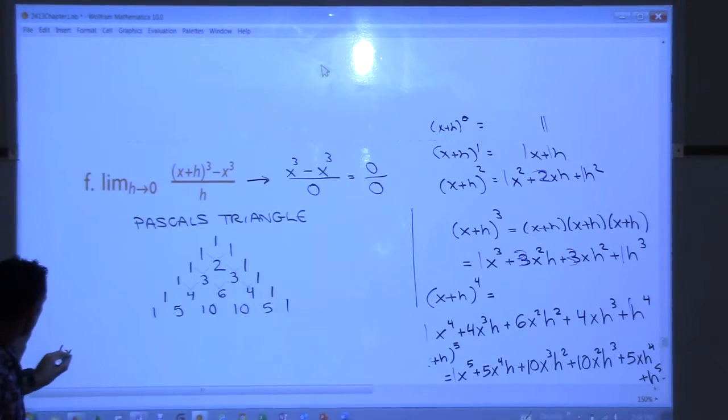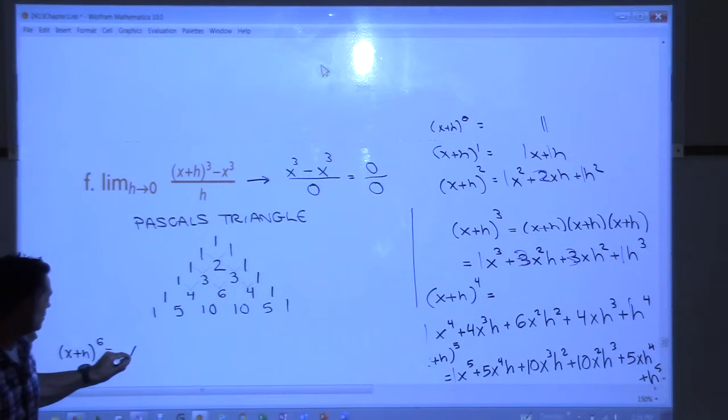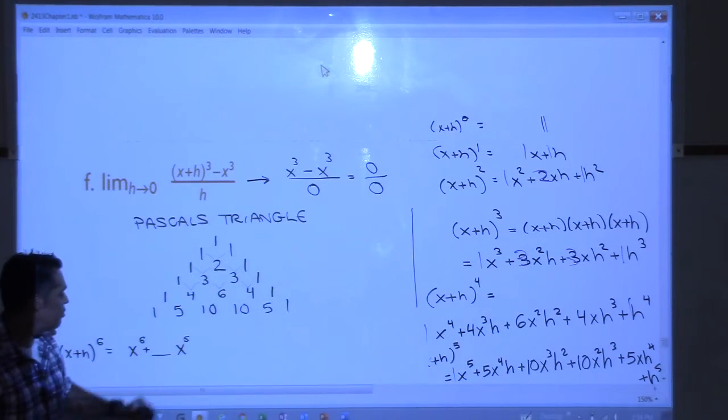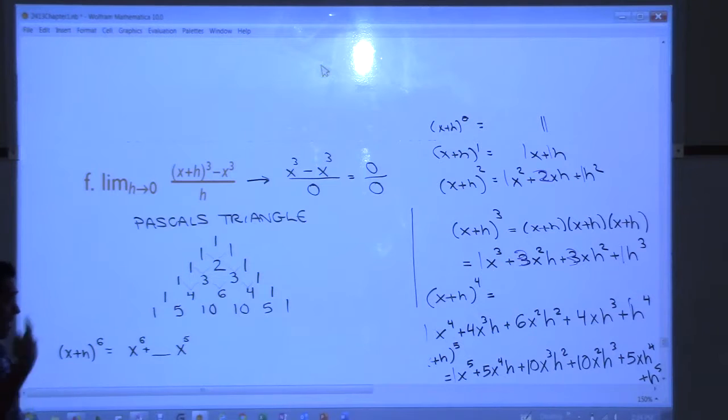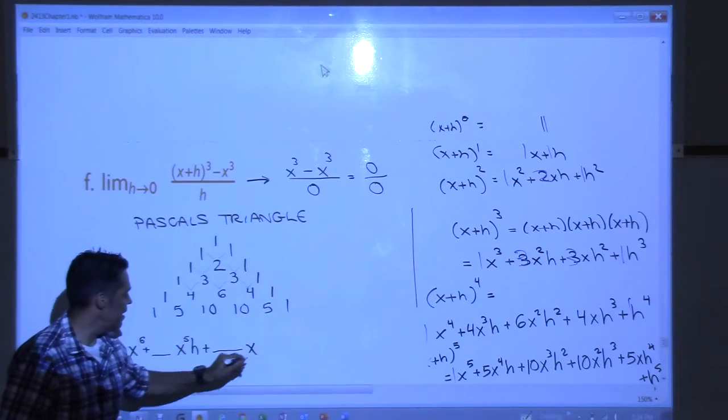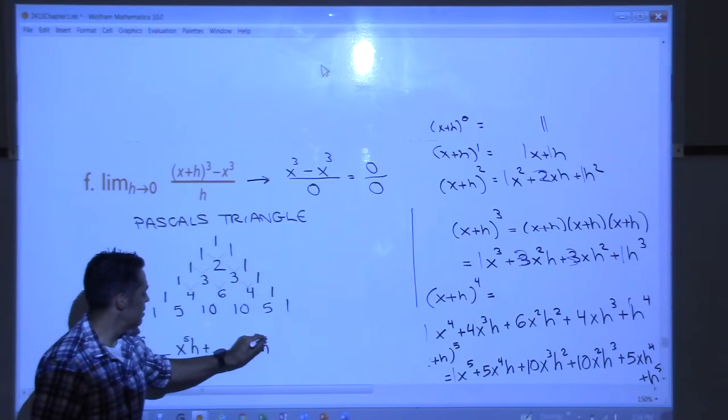Okay, so let's try this. What would x plus h to the 6th power be? Let's do just the letters first. I'll have x to what power? 6th. Plus, now I'm going to have a number here. x to what power? 5. What about h? h now appears. Plus a number, x to the 4th h squared.